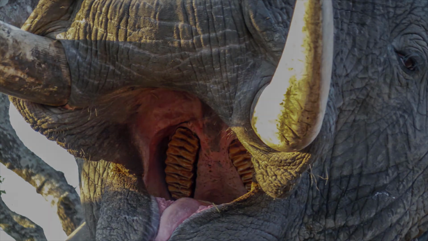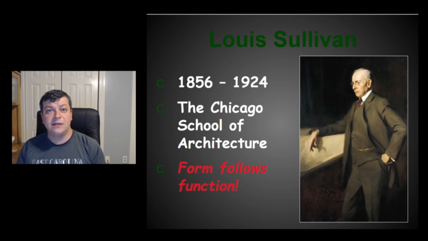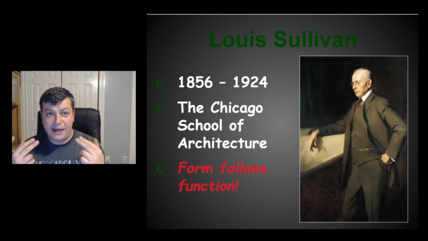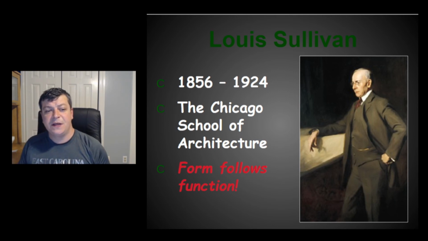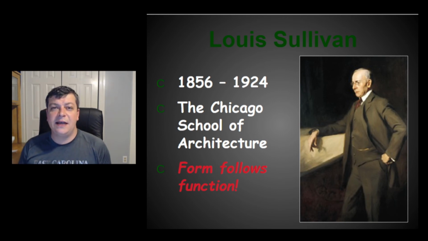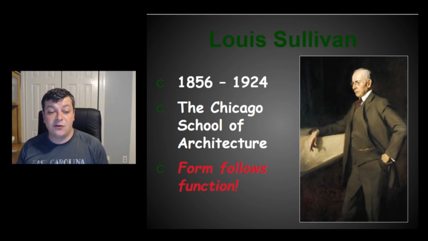So the form of your teeth actually takes shape based on its function. So think, your front teeth are sharp to bite and tear, and your back teeth are made to mash. The form of that tooth follows its function. And it's this concept that Sullivan applies to the design of American skyscrapers.